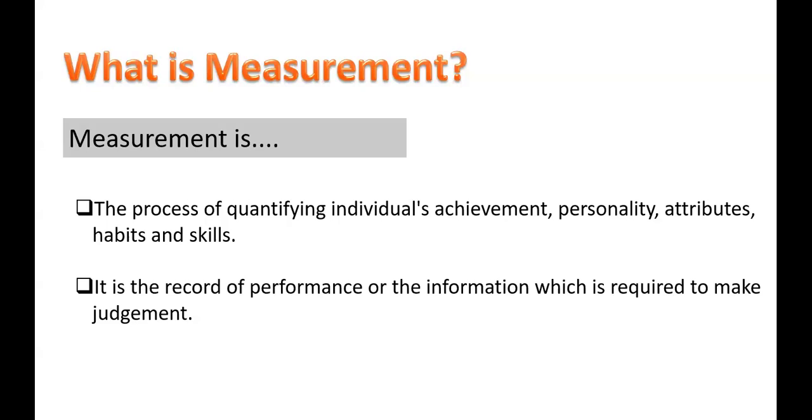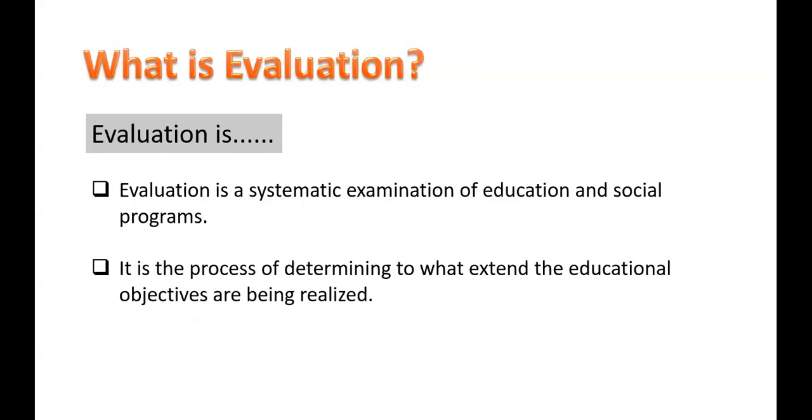Next, evaluation. It is a systematic examination of education and social programs. It is the process of determining the extent to which objectives are being achieved, the effectiveness of the learning experiences provided in the classroom, and how well the goals of education have been accomplished.